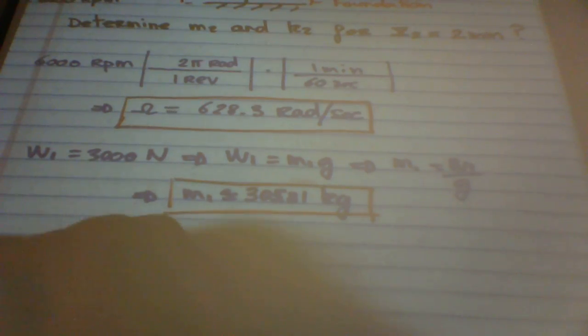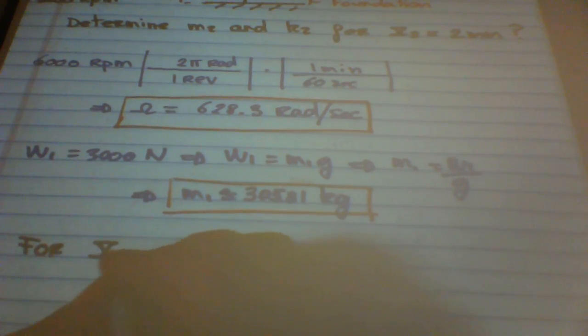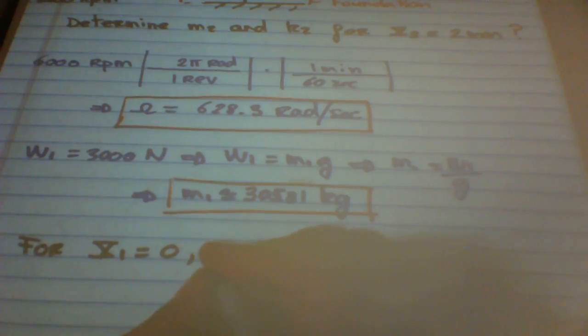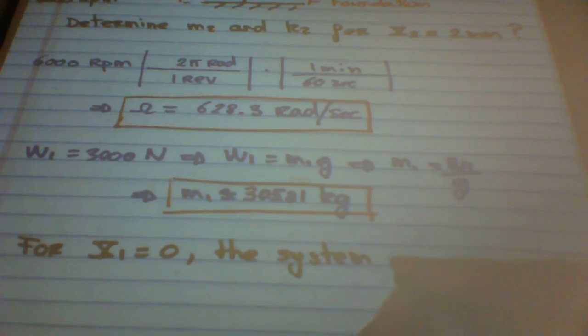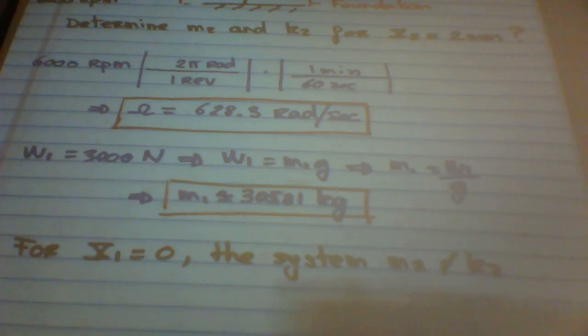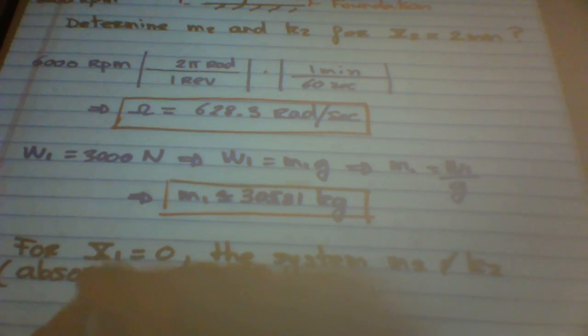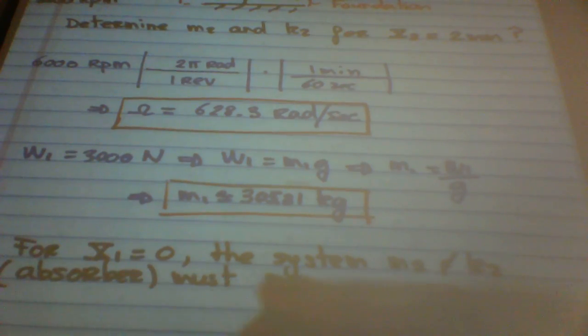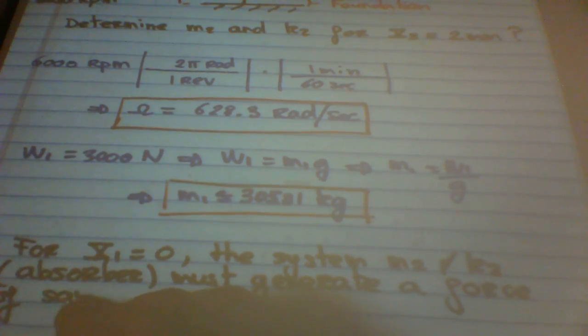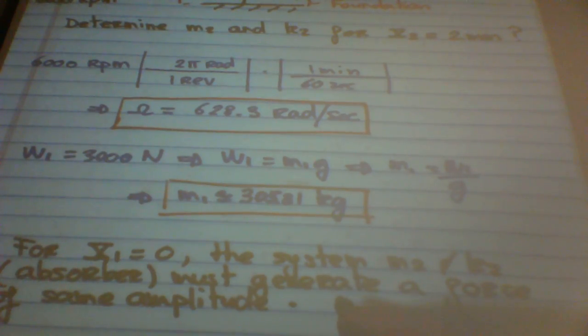All right, so for x1 equal to 0, the system N2K2, which is the absorber, must generate a force of the same amplitude and the same frequency, but completely out of phase.